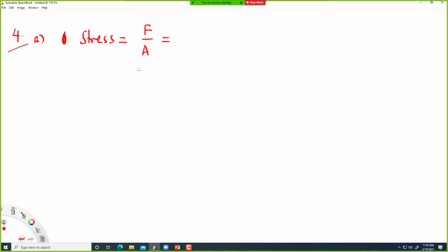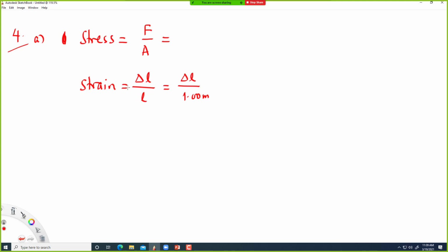Force is given, area is given, and then strain is delta L over L. Delta L is not given, sorry, but L is given. This is exactly the same as number 5. So L is given, 1 meter.